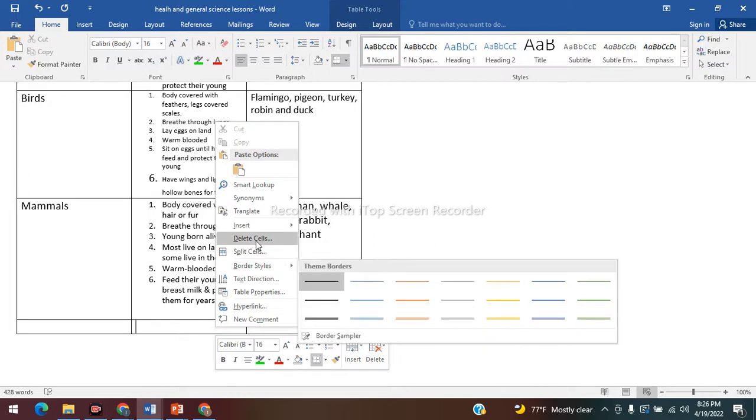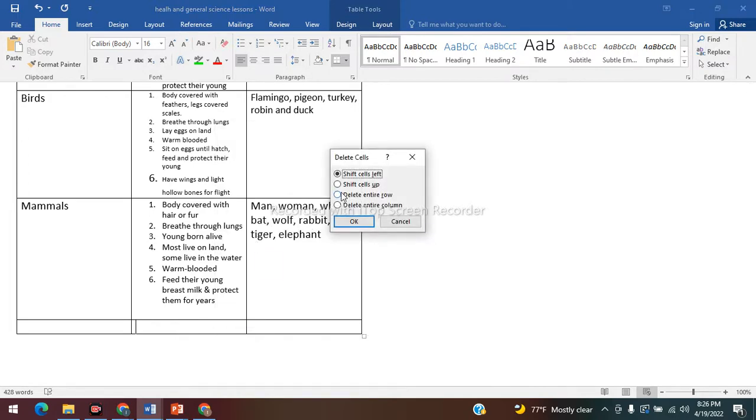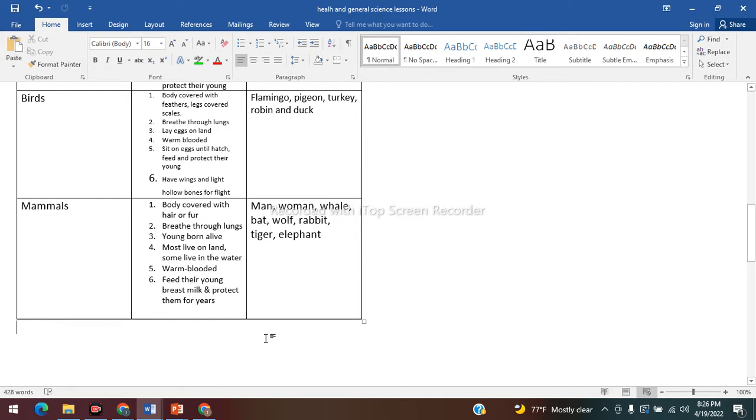Let's make the difference. Animals that change their body temperature with the temperature of their surroundings are said to be cold-blooded.